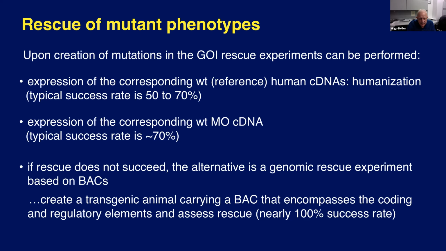We made BAC libraries in fruit flies, and they're available in many other species. You can create transgenic animals that carry the BAC, and this almost invariably leads to a 100% success rate because you include the open reading frame with regulatory elements, and that typically seems to work. You can then model your variants through recombineering in the BAC that rescues.